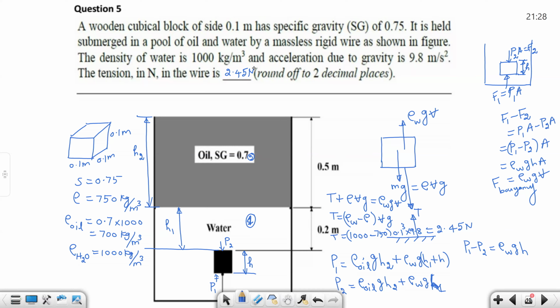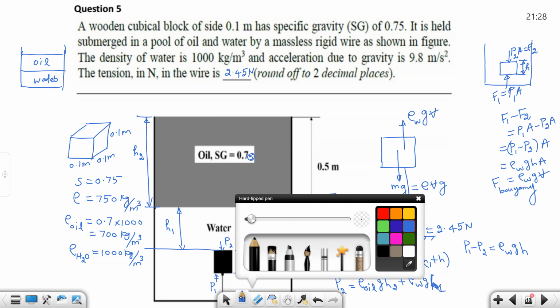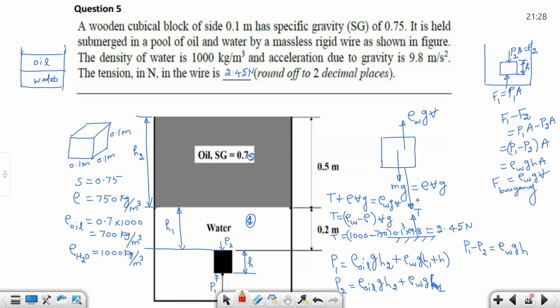So for example, maybe this is the water and you have an oil layer. If the mass is stuck between these two, then the oil also has a role.